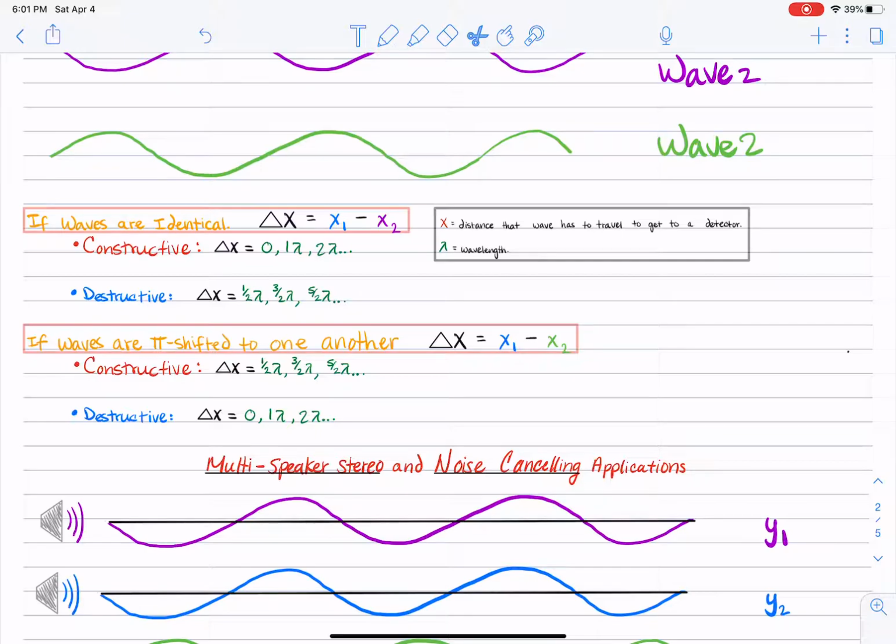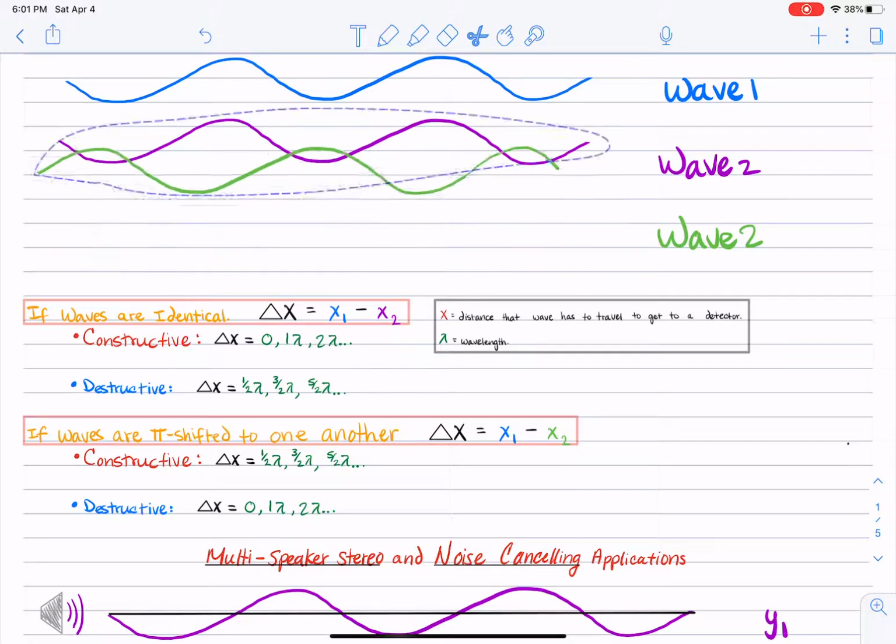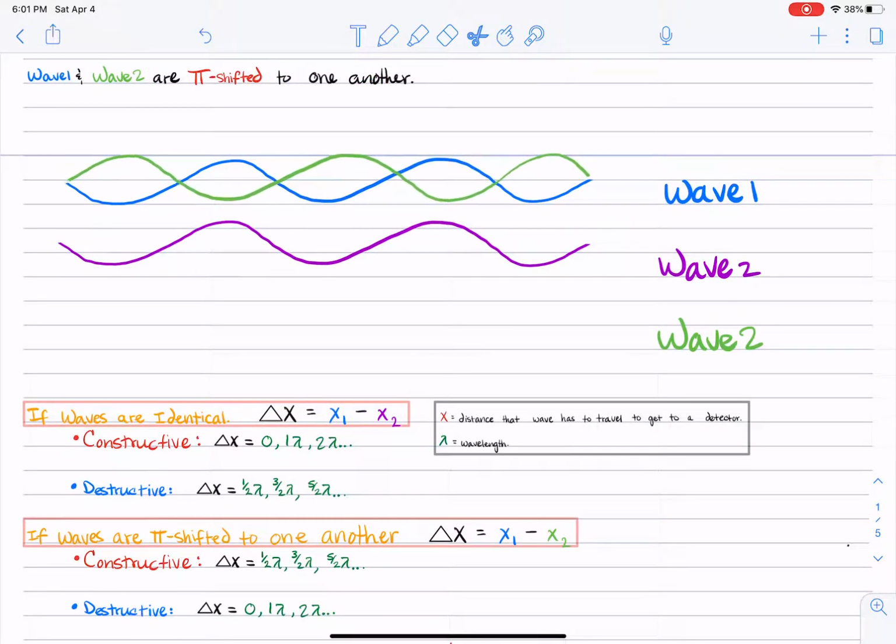When I say change in x, and we say a half wavelength or full wavelength, we know a wavelength is the distance from this point to this point. If we were to measure it, we would get a specific number. We'll say in this case it's 4. If this green wave and this blue wave, which are pi shifted to each other, we move just half a wavelength, so 2 meters, we'd get constructive.